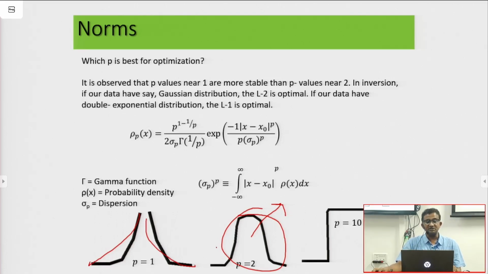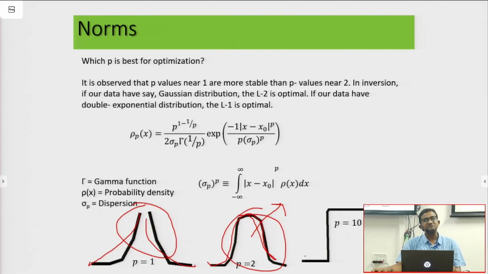That is because this follows the bell-shaped curve or the Gaussian distribution, and it is more stable in that case. And if your noisy data distribution follows the double exponential, then it is shown that if you take p as 1, the L1 norm, it will be more stable.